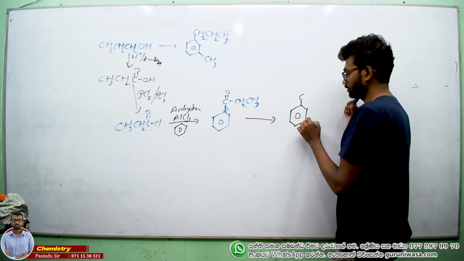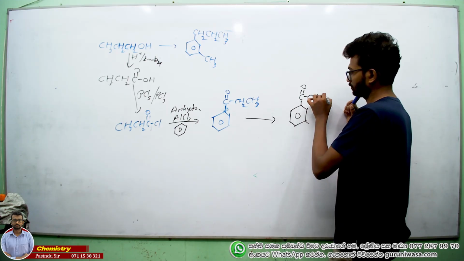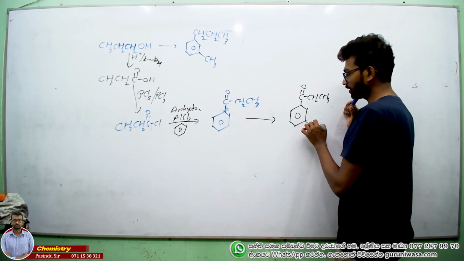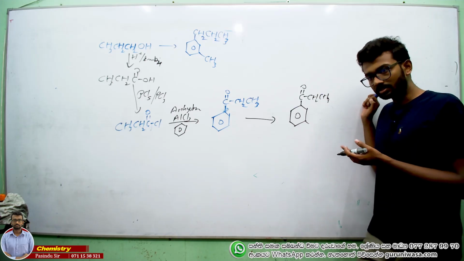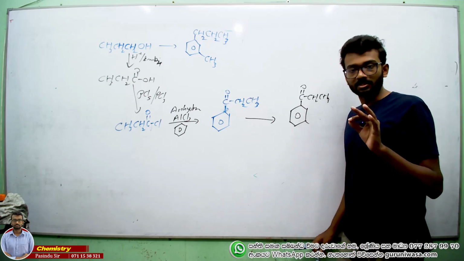Okay, then in the next step we can add our CH3 group. If you find a different method, it's okay. The only thing you have to check is the number of steps, right?